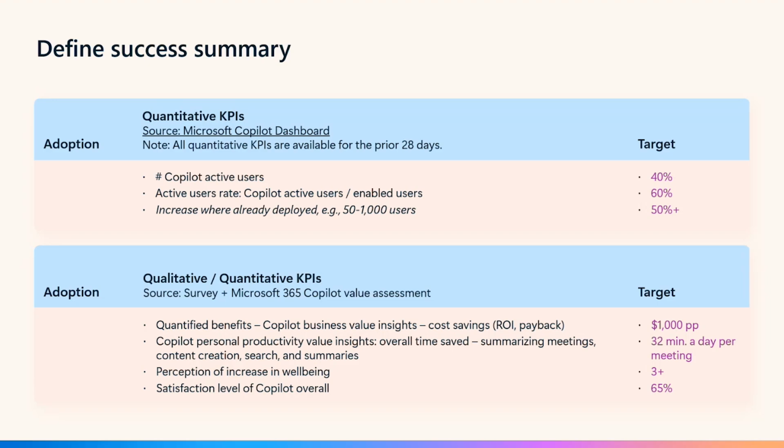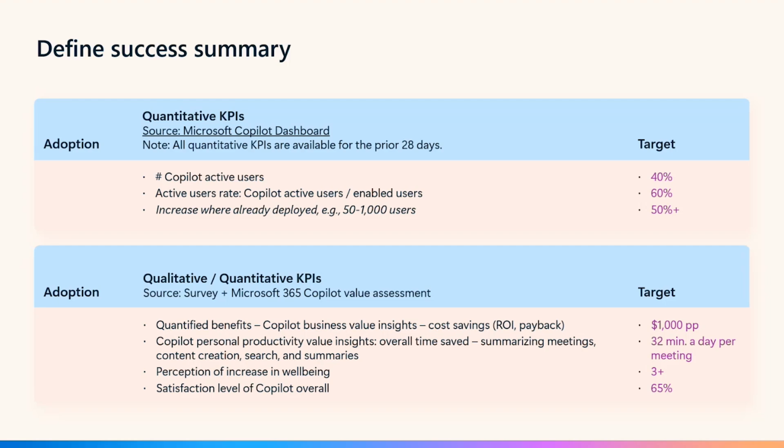So one more time, you need to give your client the quantitative KPI and show him, after 28 days, what Copilot is able to provide from the dashboard, and the qualitative KPI and show him, for example, what was done as cost saving, or maybe Copilot Business Value Insight, or what other different benefit was generated by Copilot.